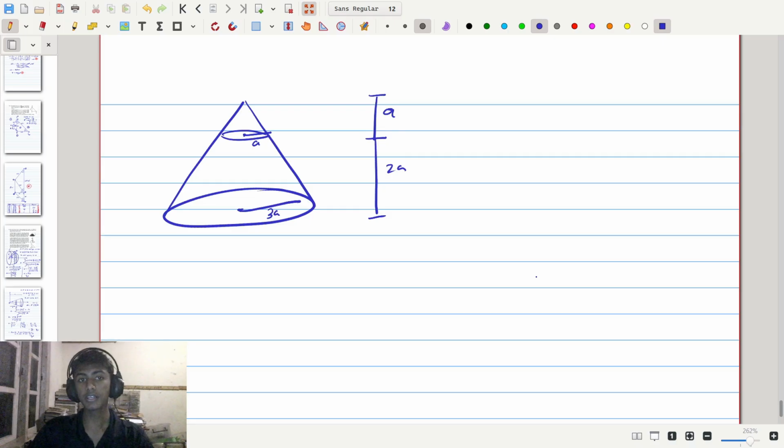Now if the volume of the upper cone is V upper, then according to the formula for the cone's volume, V upper is equal to 1/3 pi r squared h. In this case, r is equal to a, and h is also equal to a, so we have 1/3 pi a cubed.